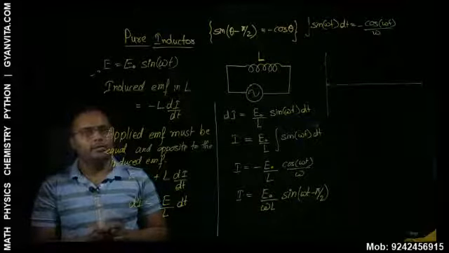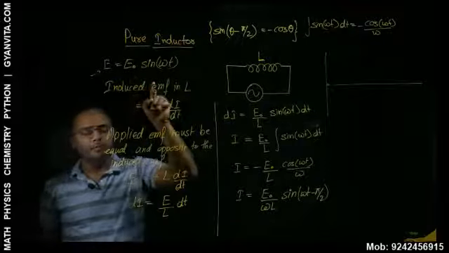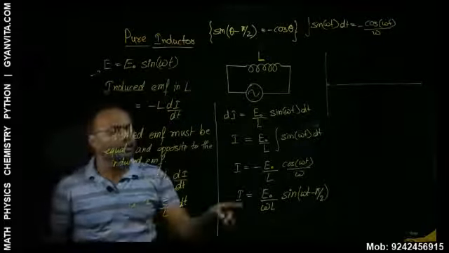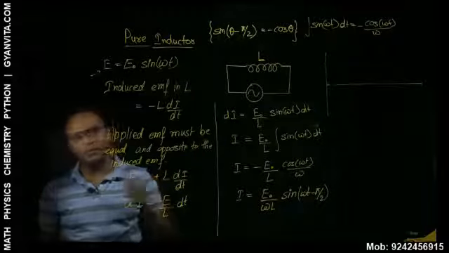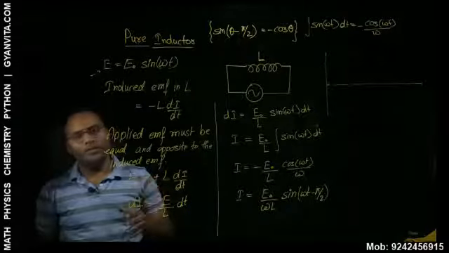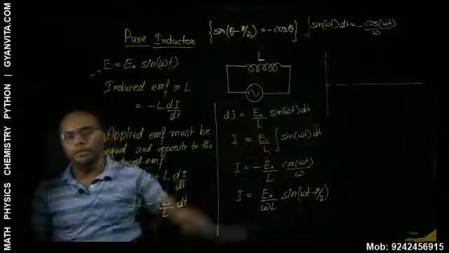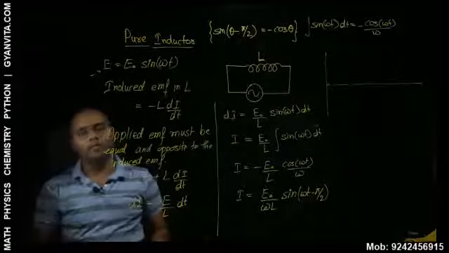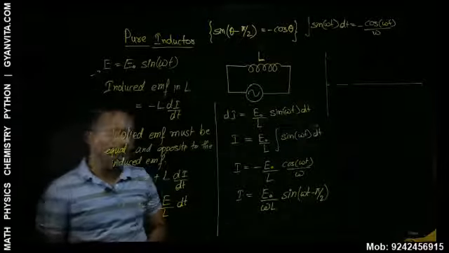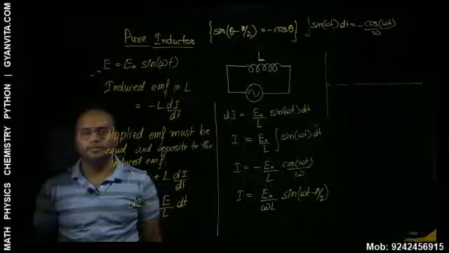That means EMF became 0 at t equals 0 itself, but current became 0 only after pi by 2. When the EMF has already moved ahead by pi by 2, current will become what the value of EMF was pi by 2 earlier. So we say that current is behind the EMF, right?